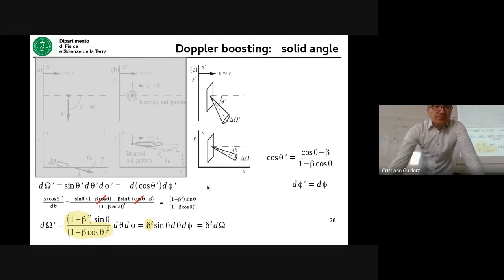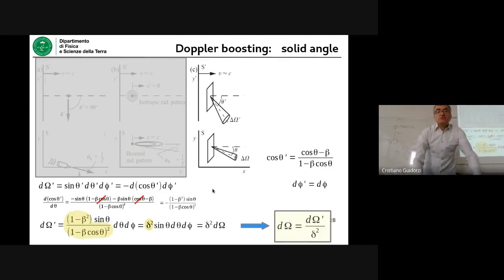So the relation connecting the same solid angle as calculated in the two reference frames is reasonably simple. And again, you see that there's just a factor of Doppler factor squared in between. And if you invert, in particular, if you assume you know the solid angle in the comoving frame, d omega prime, and you want to calculate the corresponding solid angle in the fixed frame, this is suppressed.